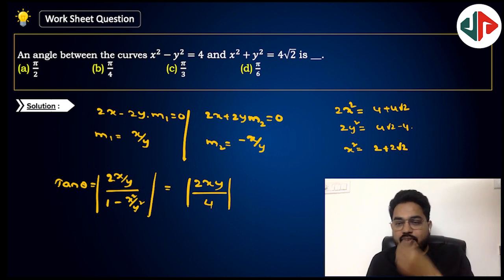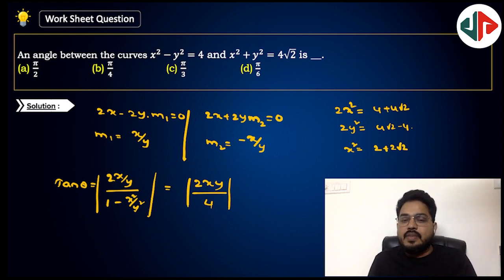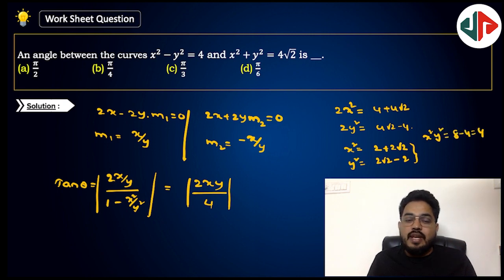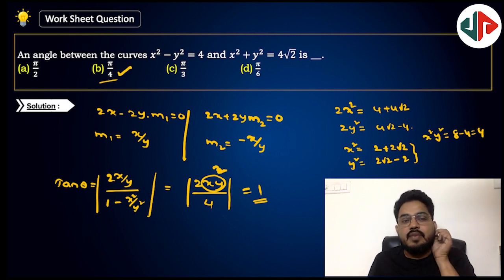From here x square is this one, y square is equal to 2 root 2 minus 2. So x square y square is equal to 8 minus 4, which is 4. So xy is equal to 2, and tan theta is equal to 1. So the answer is pi by 4.